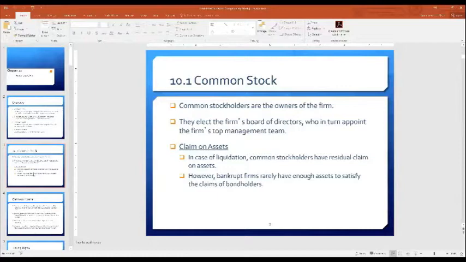In every organization, there are three forms of business organizations. We have the sole proprietorship, we have the partnership, and we have the corporation. Now, for sole proprietorship, they don't engage in these kinds of stocks, diba? Kumbaga, you have your own business, you deal with it, you sell, and then you earn profit, and that's it.